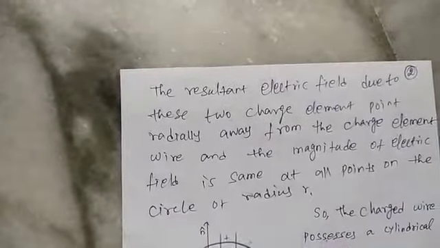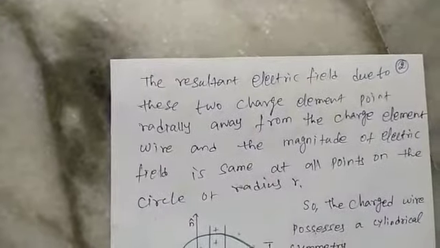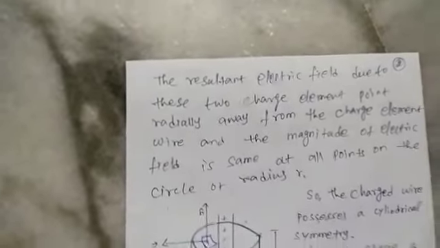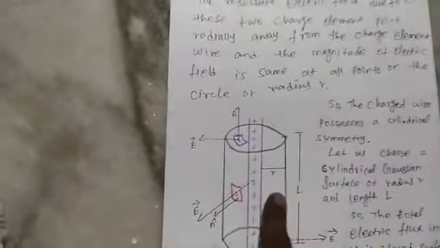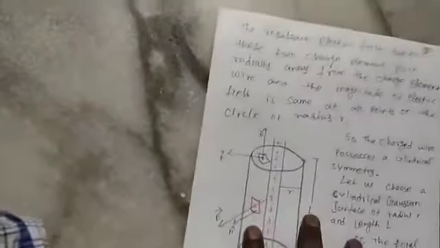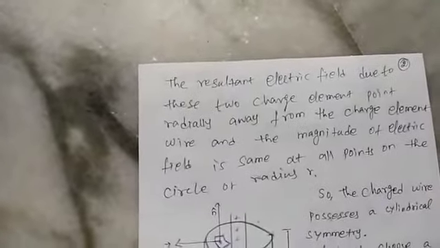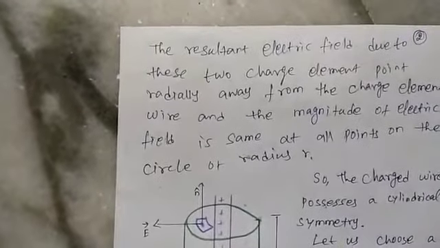The magnitude of the electric field is the same at all points on the circle of radius r. At all the points on the circle of radius r, the electric field will be the same from the wire.